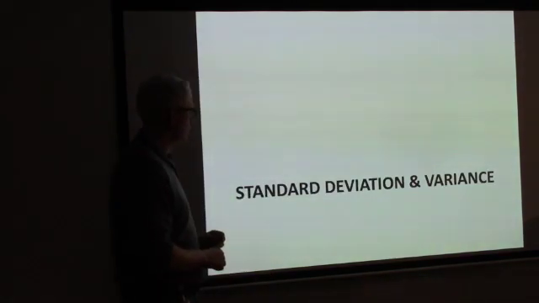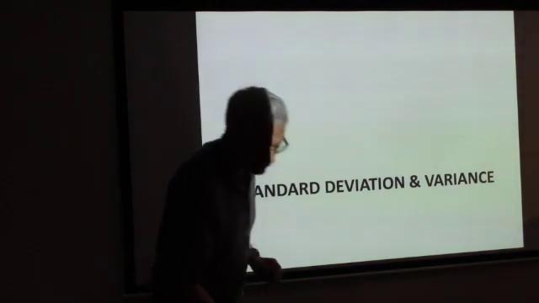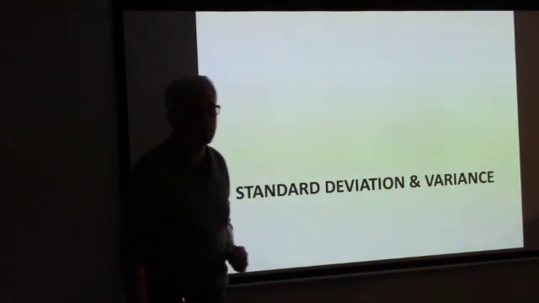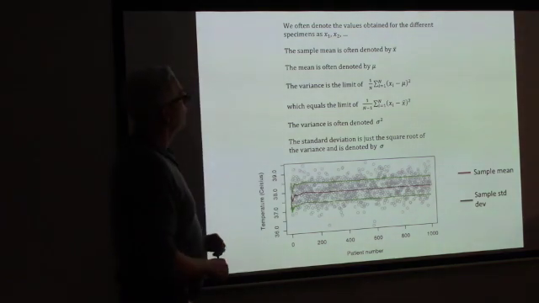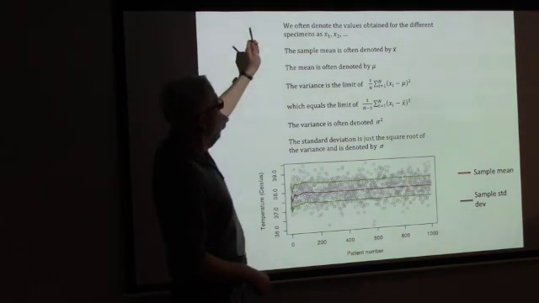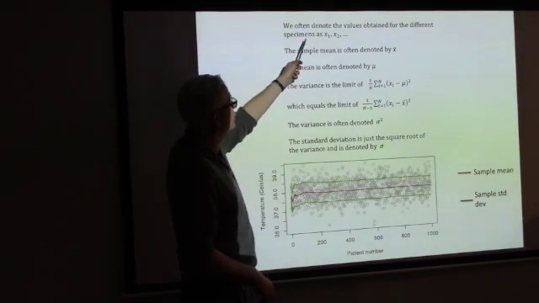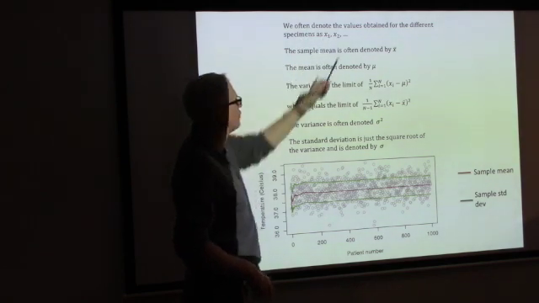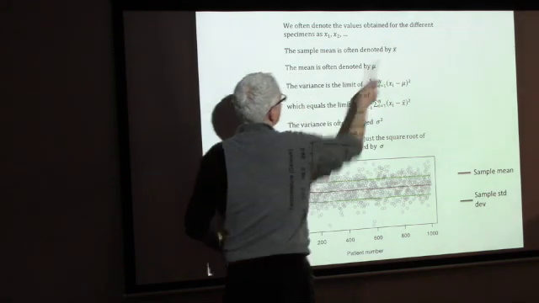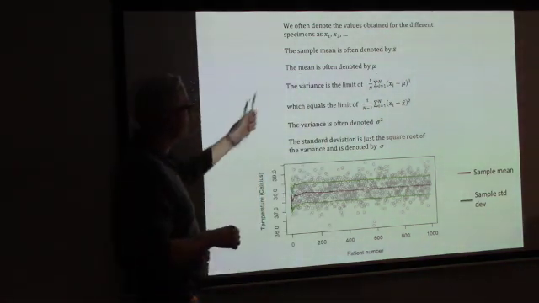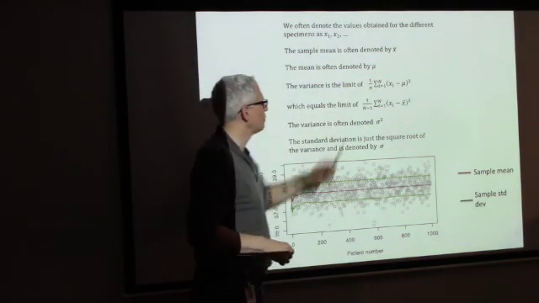All right, moving on to standard deviation and variance. Any questions, by the way? All right, so we often denote the values obtained for different specimens as x1, x2, and so forth. And the sample mean is often denoted by x bar, x with a bar. The mean is often denoted by mu.